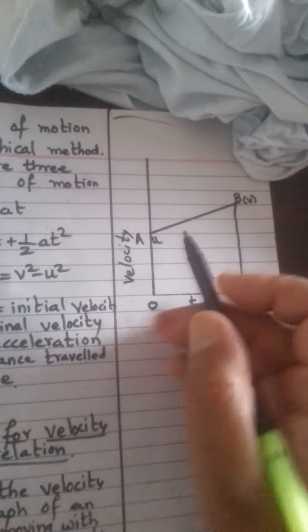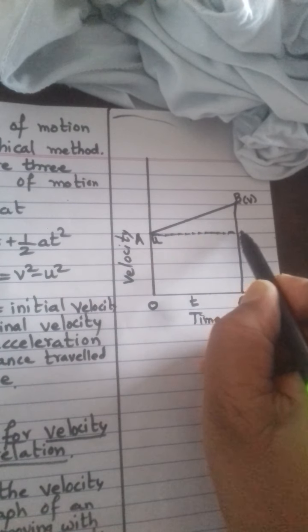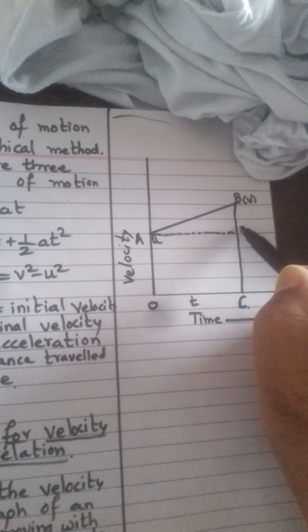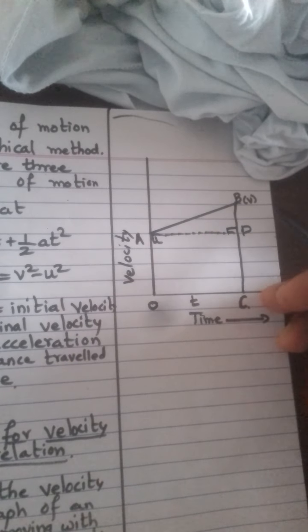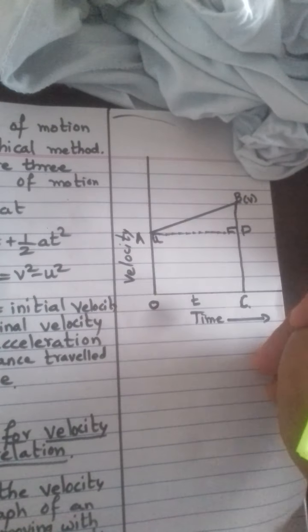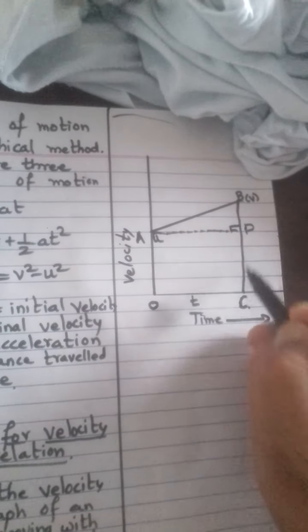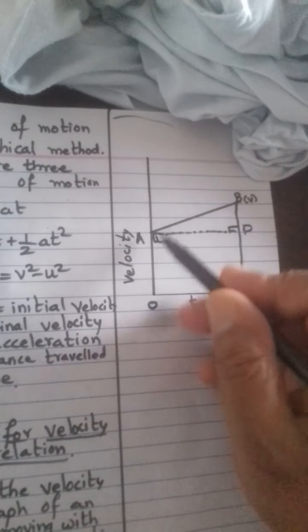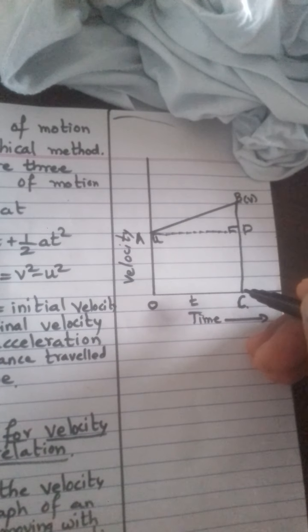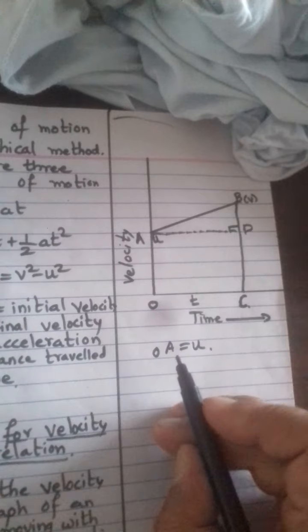Now what we will do is, we will draw one perpendicular like this. We will draw one perpendicular OD. OD is drawn perpendicular to BC. Now you know OADC becomes a rectangle. So OA should become equal to DC. So what is OA? OA is equal to u.